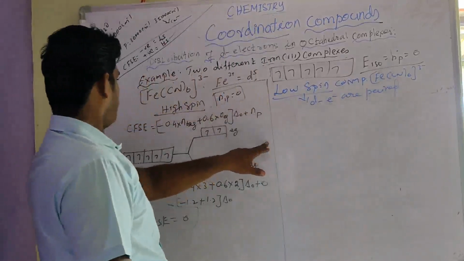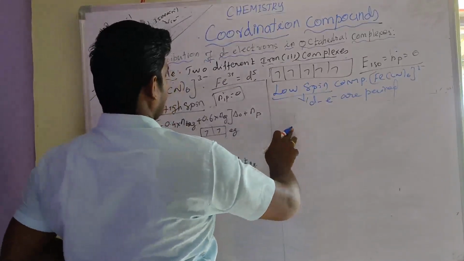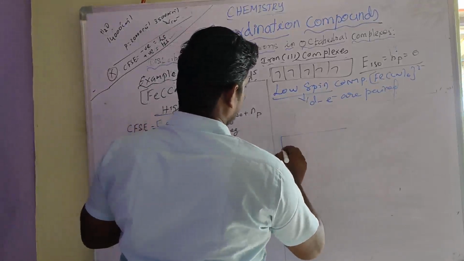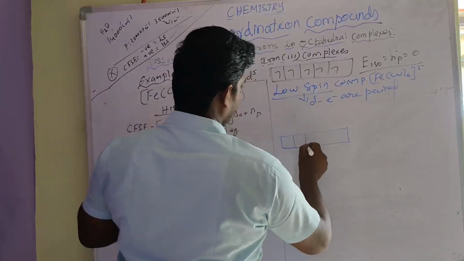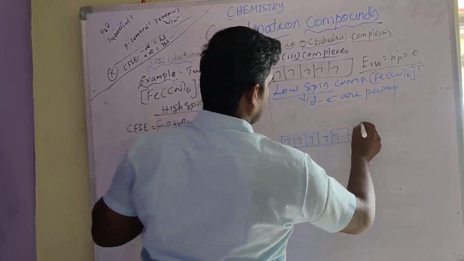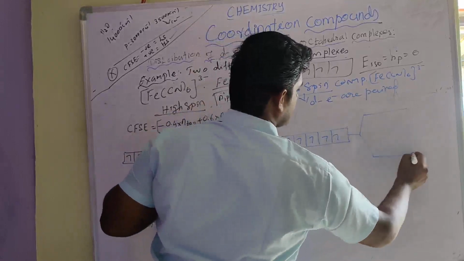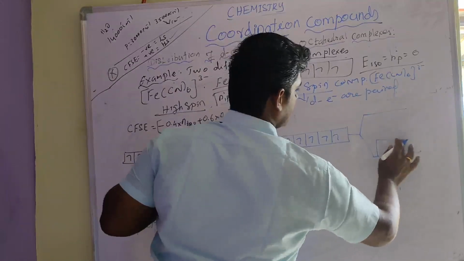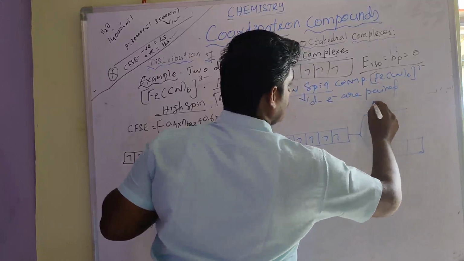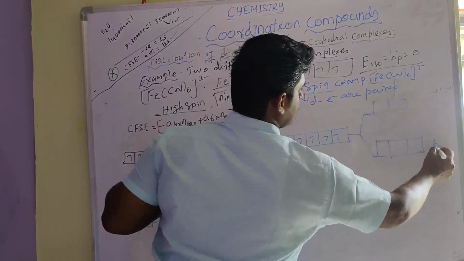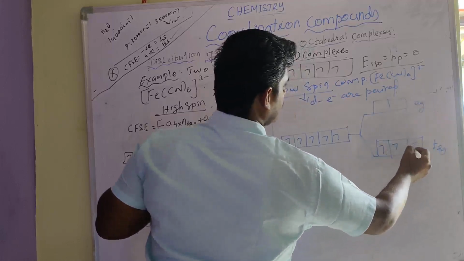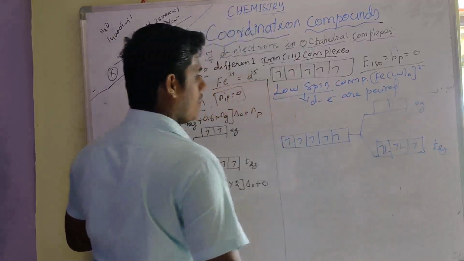So I take the values for the d5 system: 1, 2, 3, 4, 5. There are two energy levels, t2g and eg, and in the low spin case all five electrons are in t2g, with electrons paired.